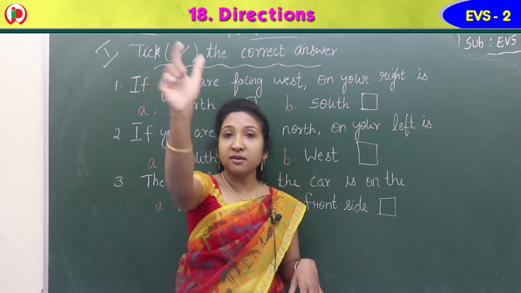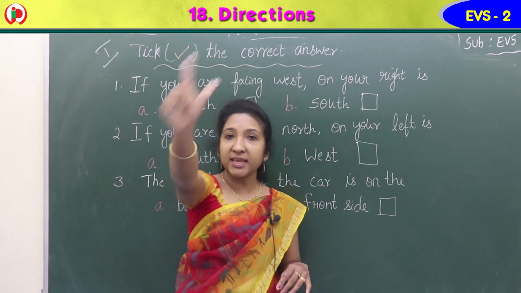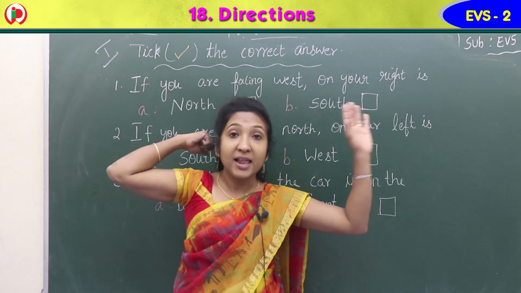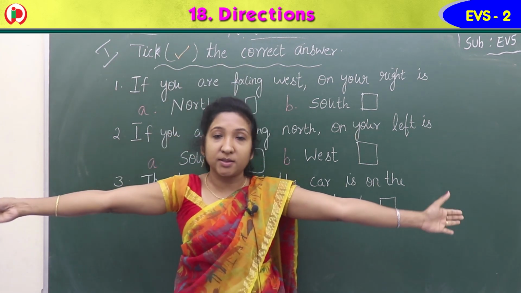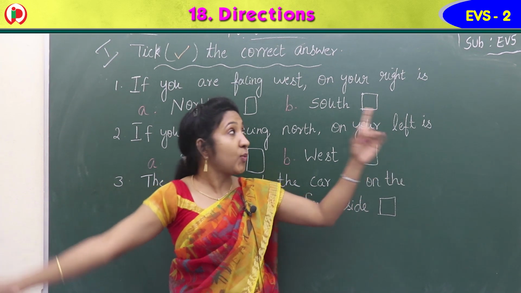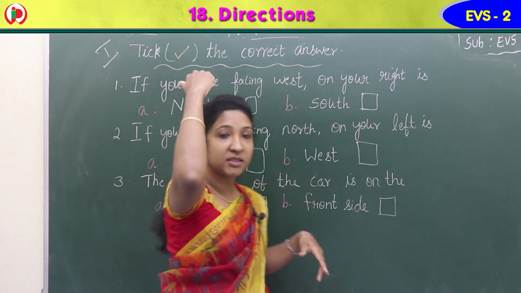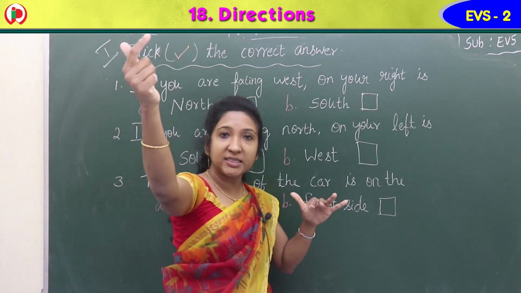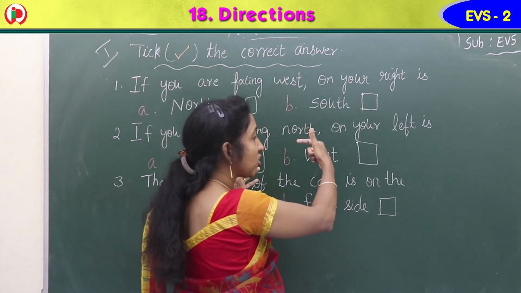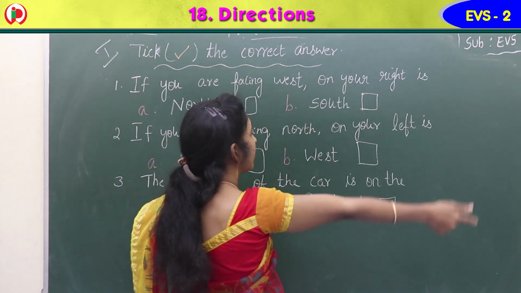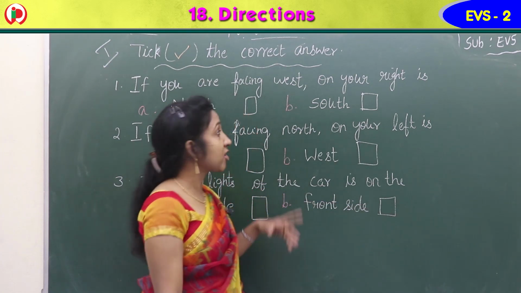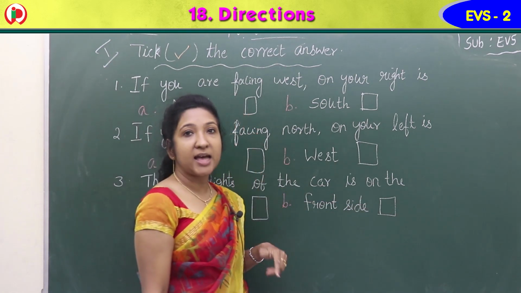If you are facing the rising sun, this is east, opposite is west, left is north, right is south, isn't it? But the question is, if you are facing west, opposite to the east direction, then what comes on your right? Is it north or south?